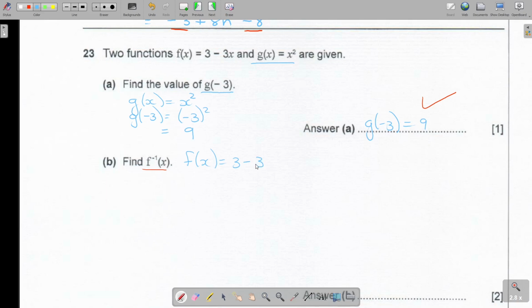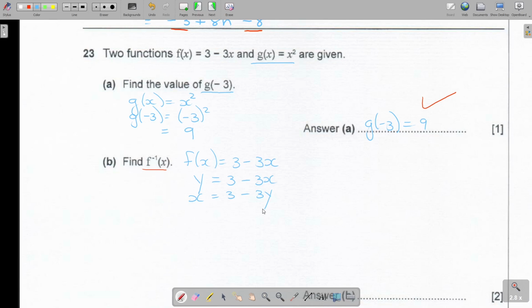I prefer to write it down. Then make a y in the place of that. Then when you see a y, you make it an x, and where you see x, you make it a y. It's due to the graphs where the x value becomes the y value because it's a reflection in the line y equals x. Okay, but it's also explained in the textbook.